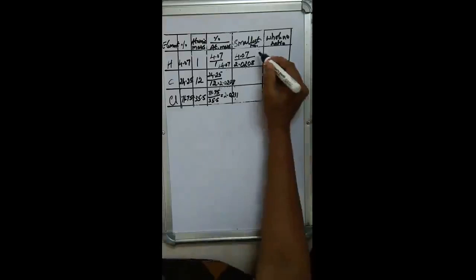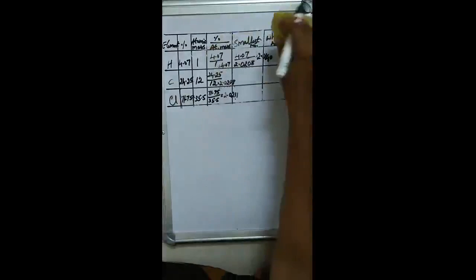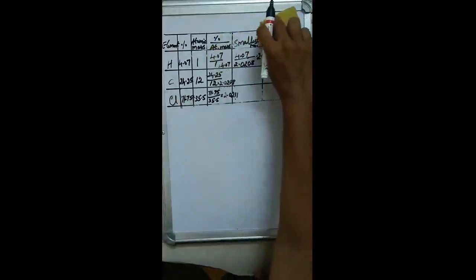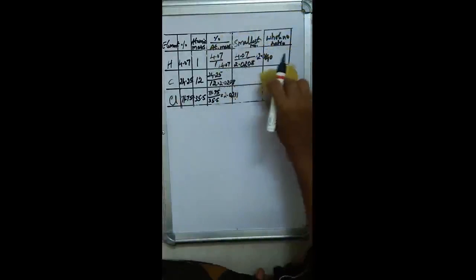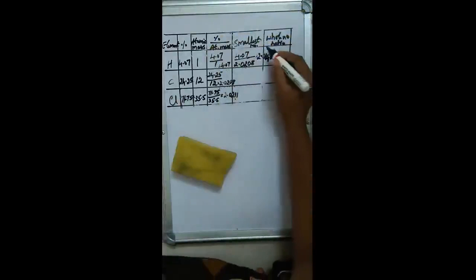So here I will write 2.0140. Draw the column a little bigger.